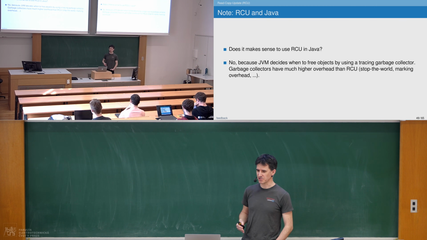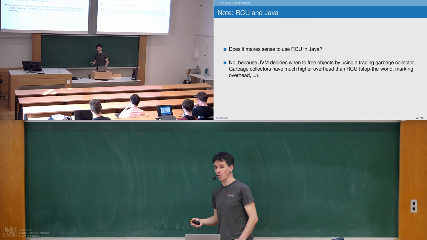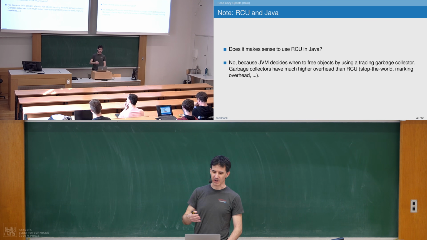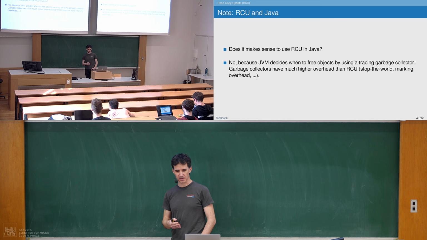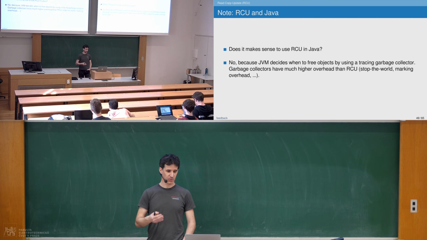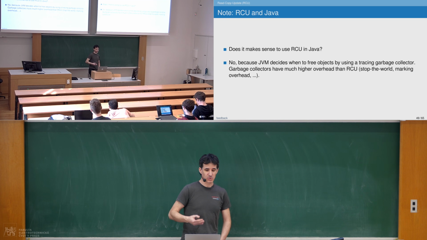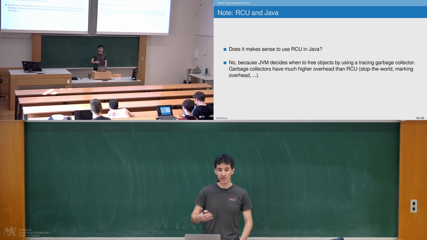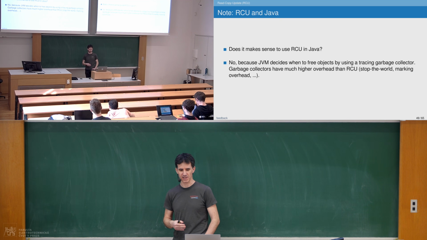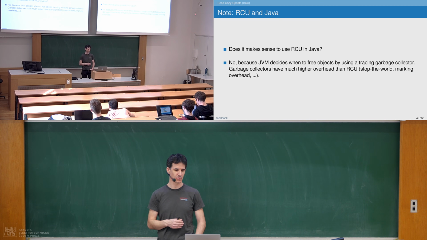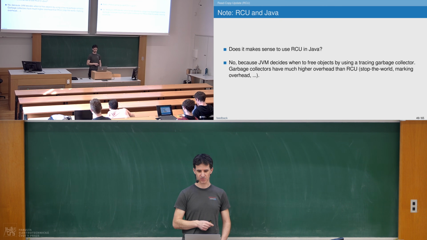The thing is that the Java garbage collector has much more overhead than what RCU offers. So if you have a language without a garbage collector, you can have RCU, or the RCU can be more efficient than if you have the same thing in Java, because the garbage collector has some overhead itself. It uses a lot of atomic instructions and so on.